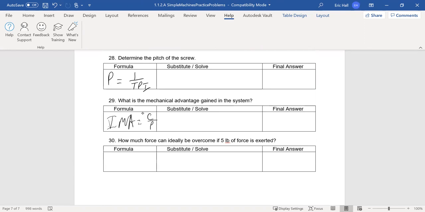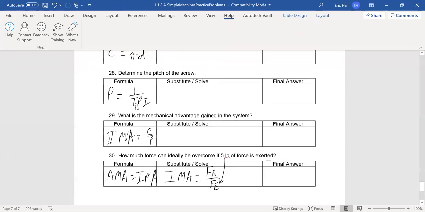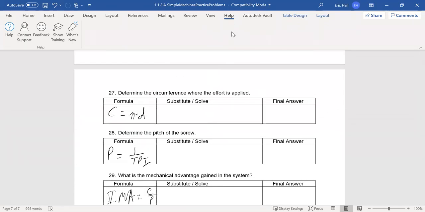Then again, you're going to use AMA equal to IMA to figure this out. So you'll have your IMA, I'm going to write it backwards this time, equal to FR over FE. FE is your 5-pound force. So plug in and solve, and you should be good to go. Good luck.